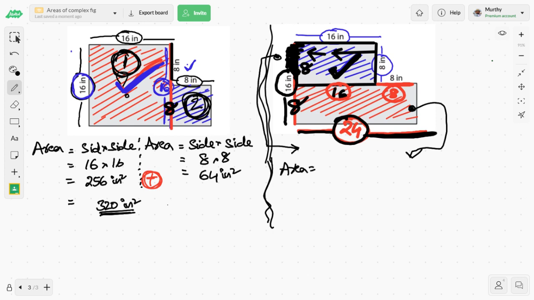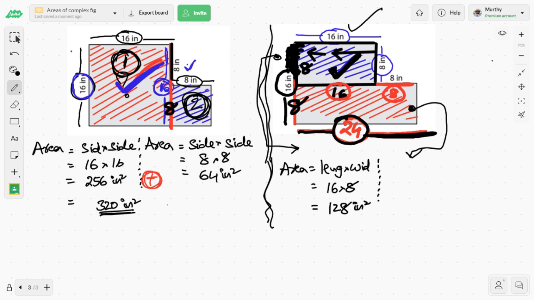It is length times width. So what is the length? I see that it is 16 units. What is the width? It is 8 units. So 16 times 8 is 128 square inches.